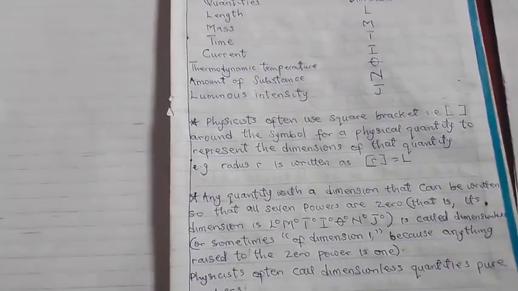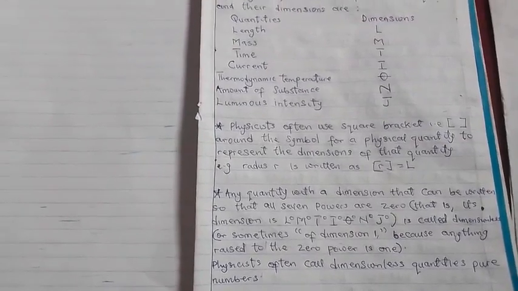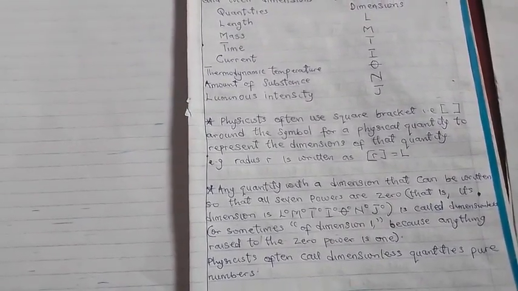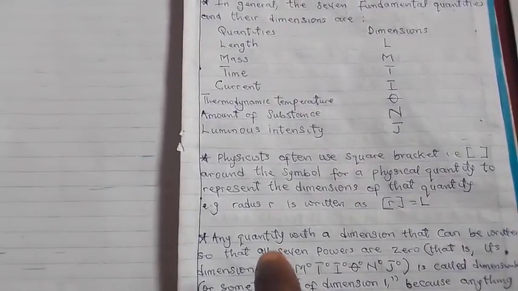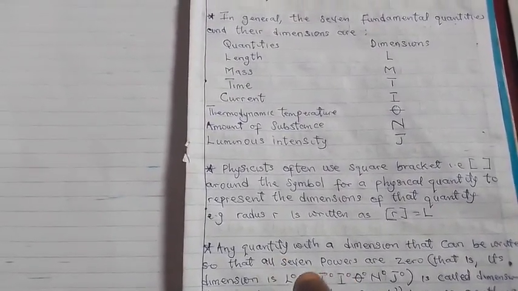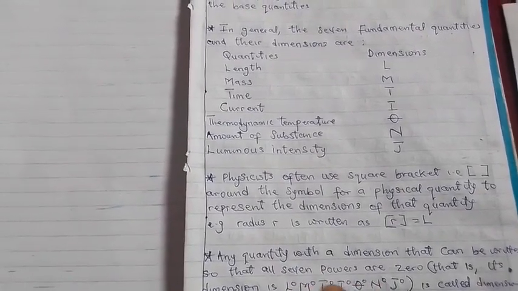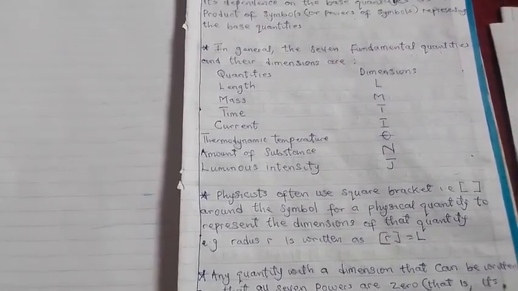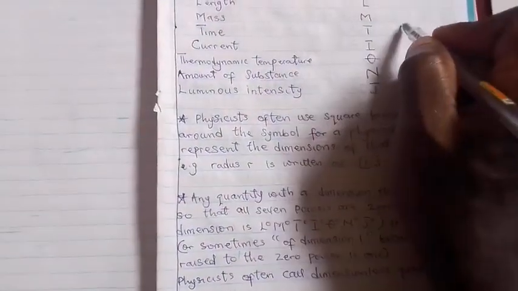Any quantity with a dimension that can be written so that all 7 powers are 0 is called a dimensionless quantity. The powers of the dimensions of these quantities are 0. That makes them dimensionless, in the sense that anything raised to the power 0 is 1.